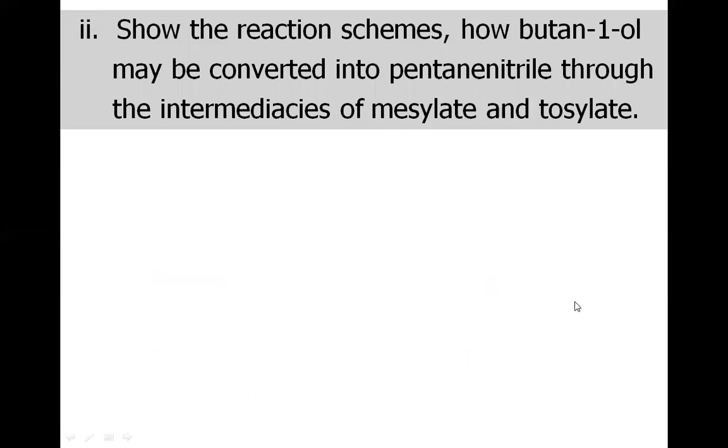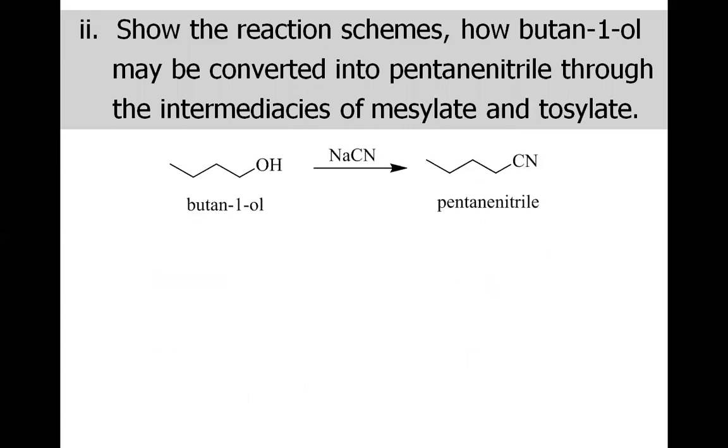For part 2, we have to show the conversion of this butan-1-ol into the pentanenitrile, and apparently this reaction seems to be quite easy. This cyanide ion, NaCN, where the CN has a negative charge and Na has a positive charge, is an ionic compound.